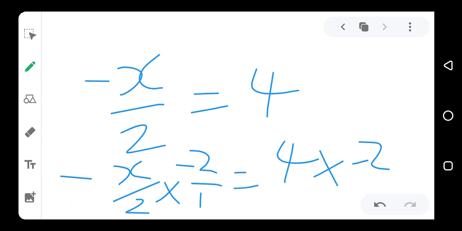So we have 2 divided by 2 and negative here, cancel negative here, that is negative times negative, so it becomes x here, then x is equal to minus 8.